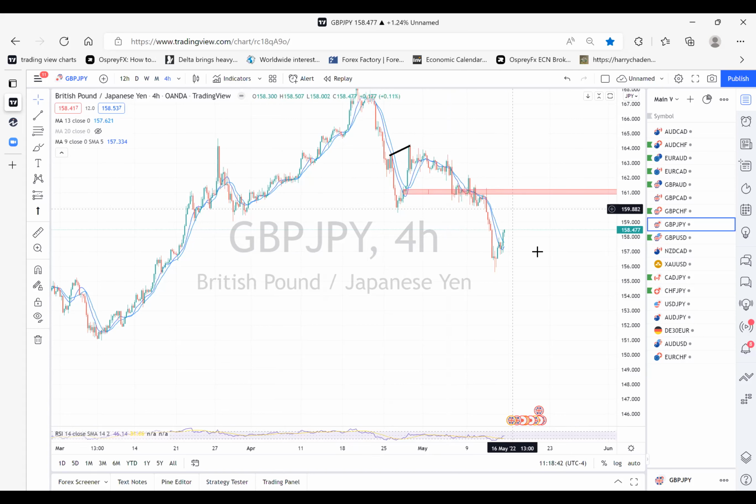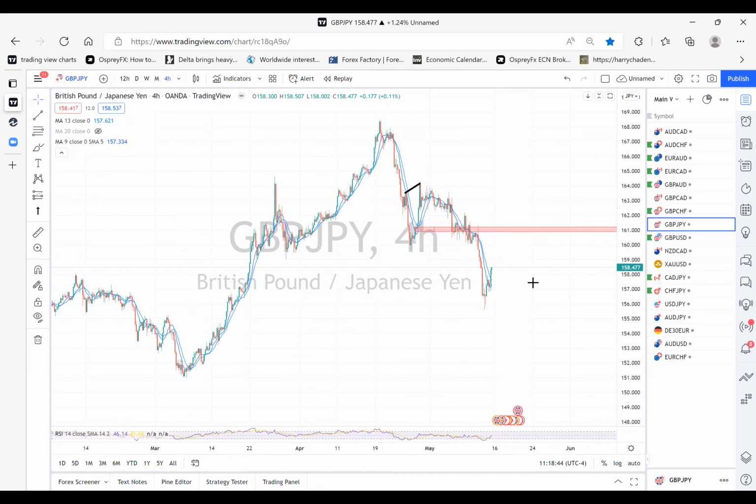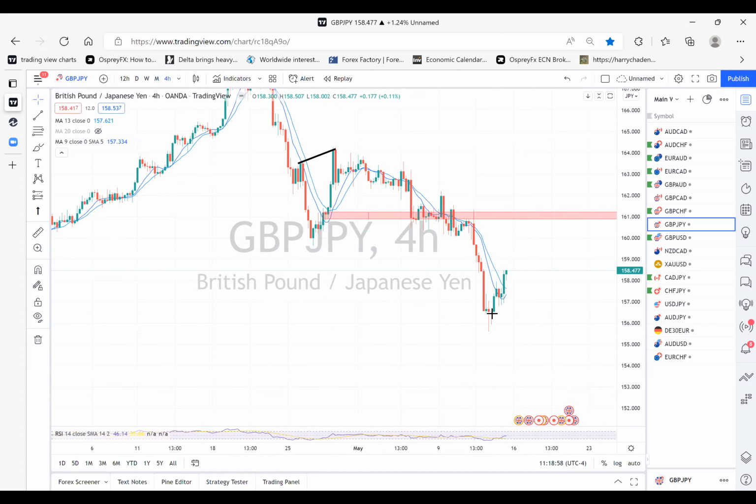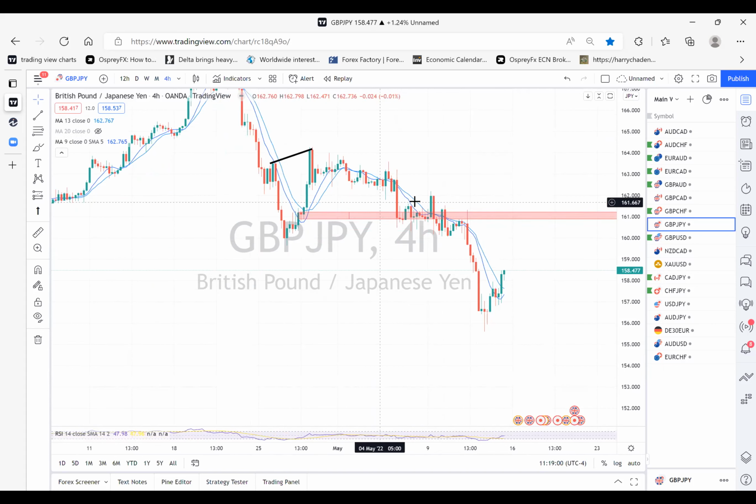So that's why you see these prices pushing down. If you look at every JPY pair, they're all pushing down. So if you understand what's going on, you can better position yourself to take advantage of these happenings.